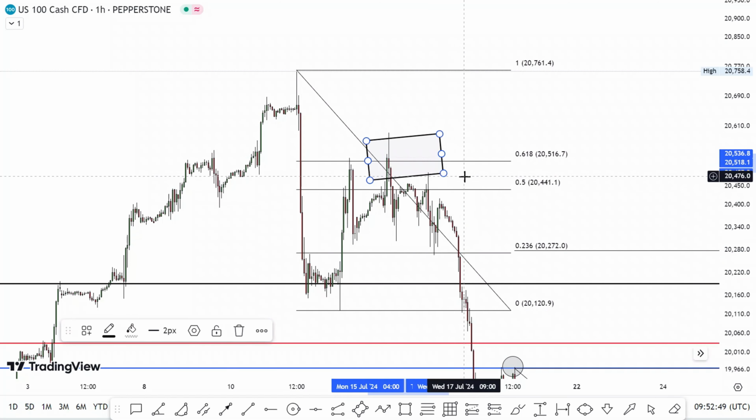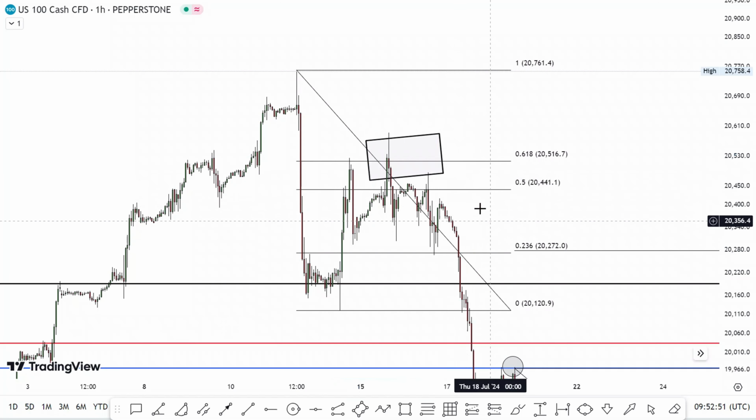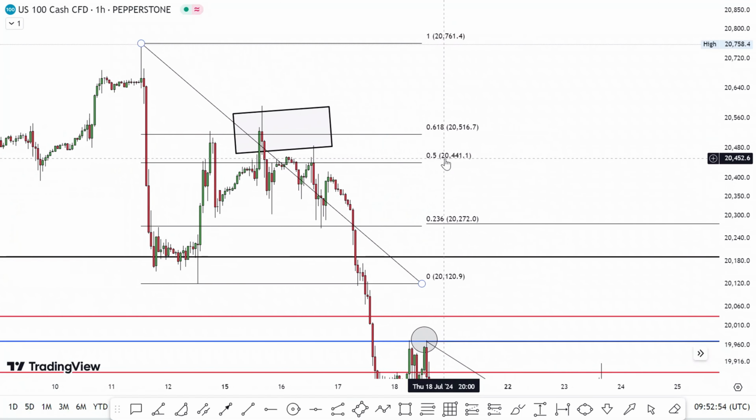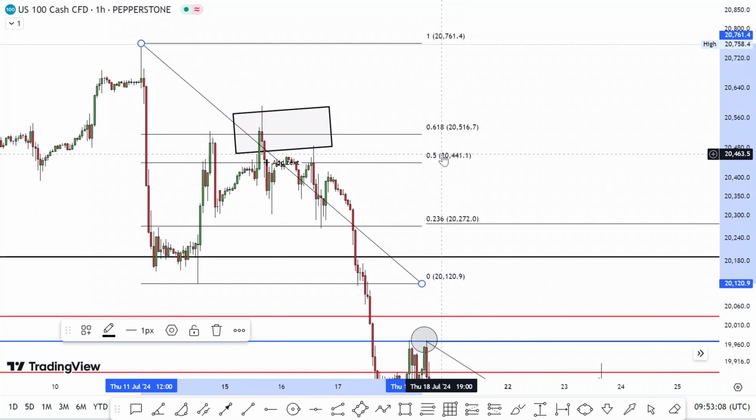A lot of the time Nasdaq respects it, as do almost all the instruments we trade, but especially Nasdaq, because I'm analyzing Nasdaq. It respects the 0.618 level most of the time.